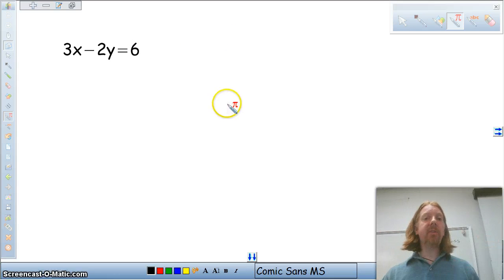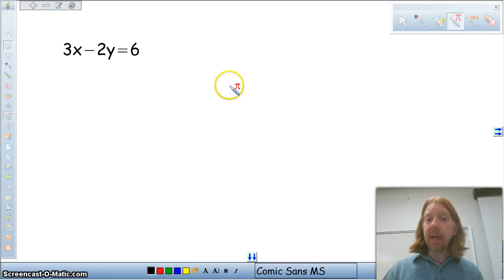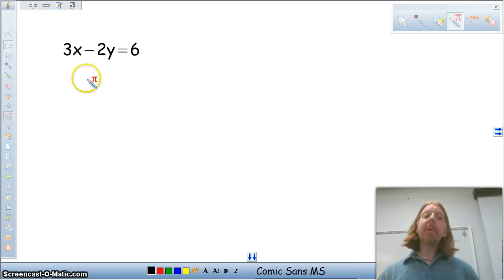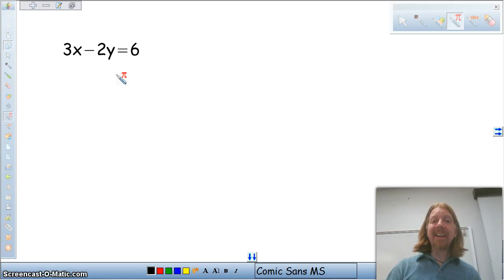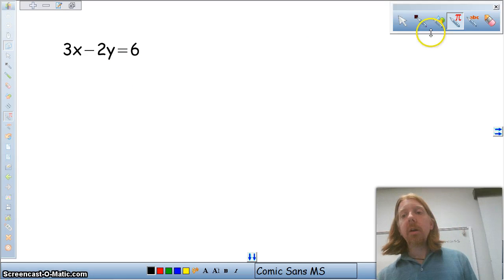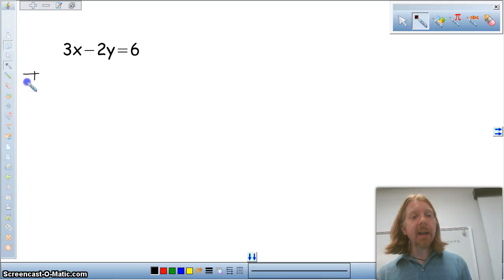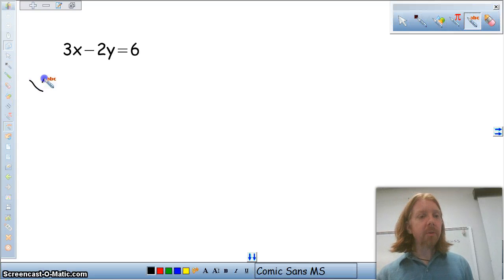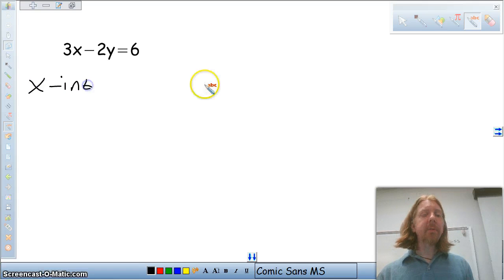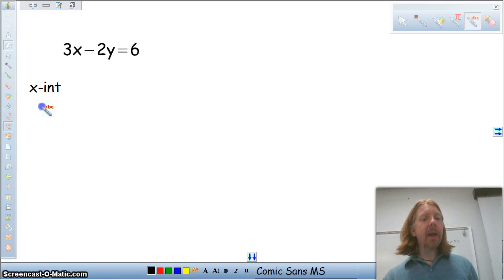We know it's a linear function because it can be written in standard form, and that was one of our tests. Now, when I go to write my intercepts, for my x-intercept, I'm going to consider that y must be 0.